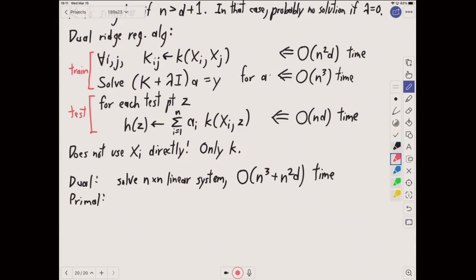Where did I get that from? I'm just adding these two together. Let's compare that with the running time of the primal ridge regression algorithm. There, we're solving a d by d linear system. You'll recall that the matrix we get out of that is d by d. So essentially, n and d trade places in this complexity.